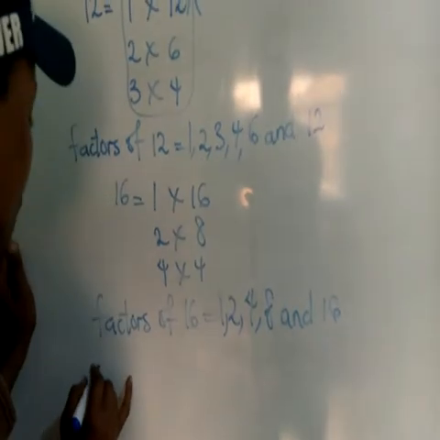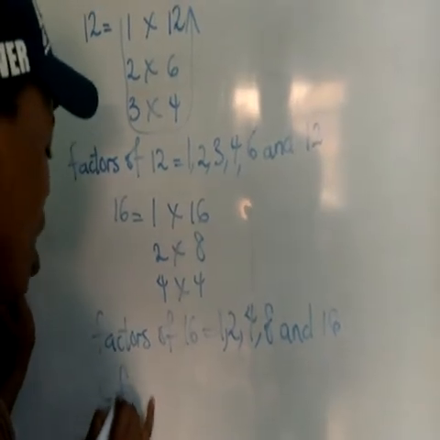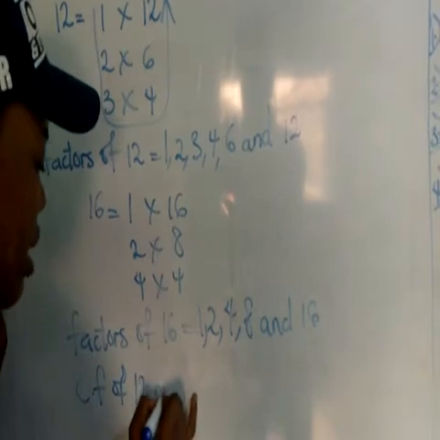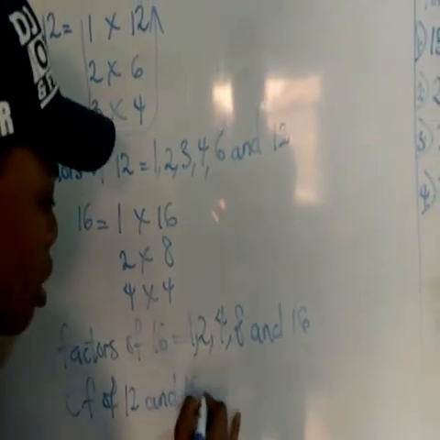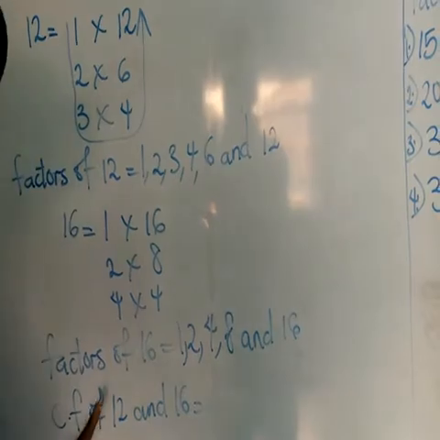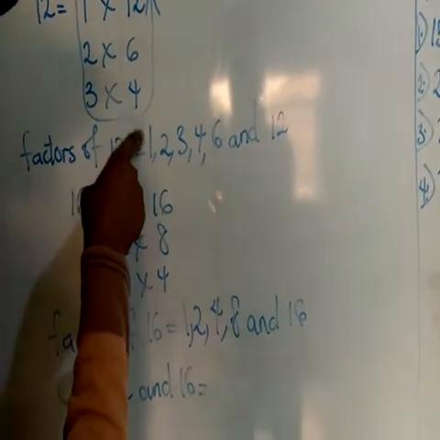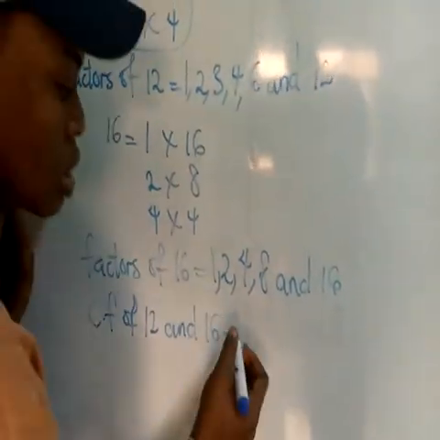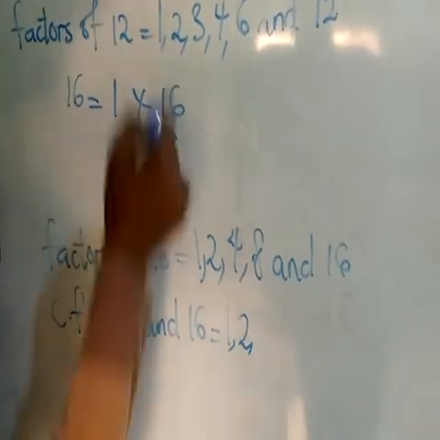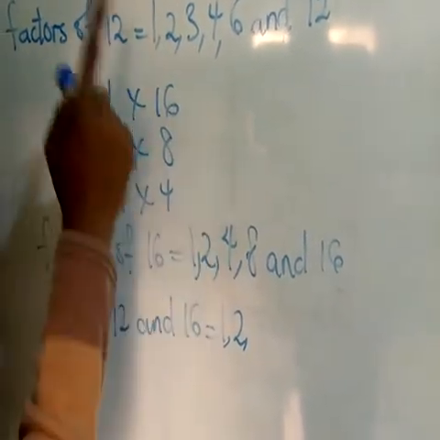Let's go. CF of 12 and 16 equal the one that is in 12 and in 16. That's what this means. So we have 1 in 12, we have 1 in 16. So we write 1. We have 2 in both. We write the 2. There's 3 here, no 3 here, so we're not going to take it.